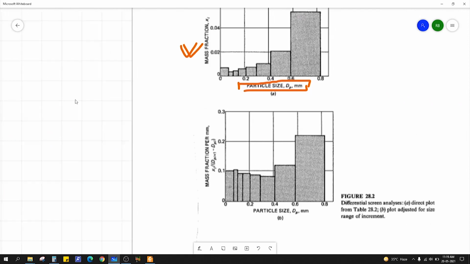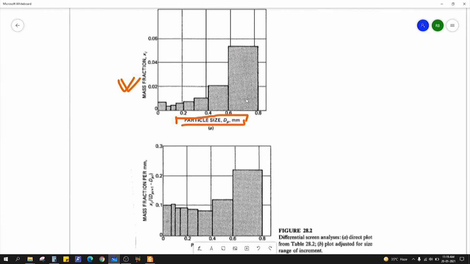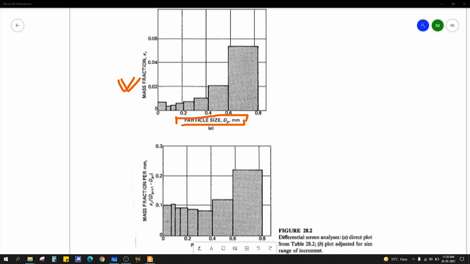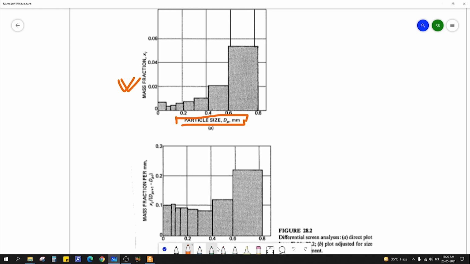So this is a kind of histogram. This is called differential analysis, or differential screen analysis.